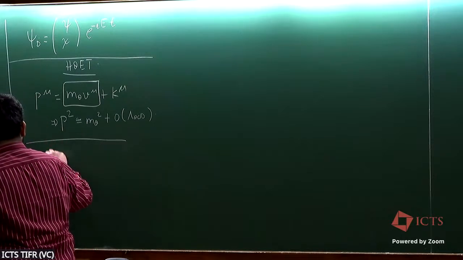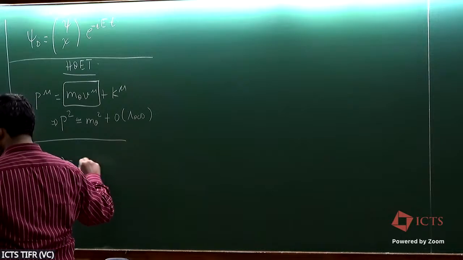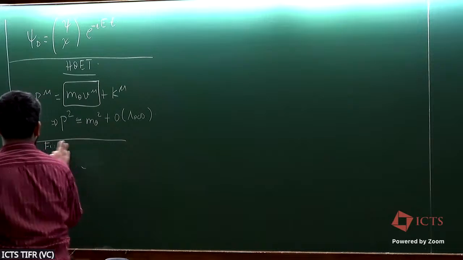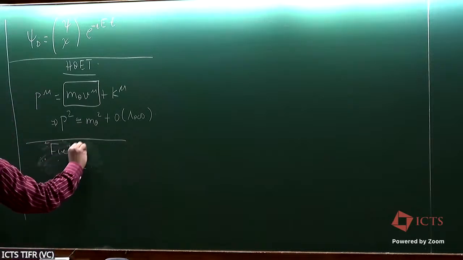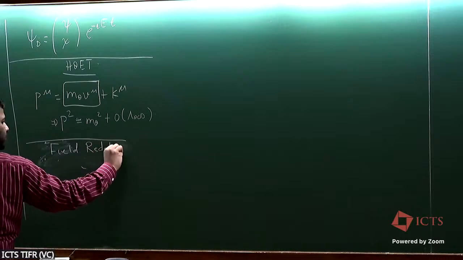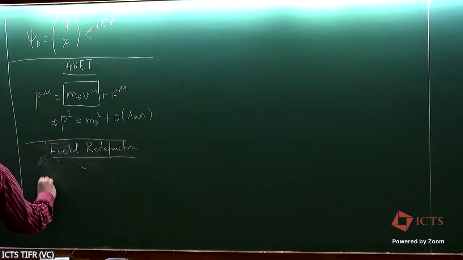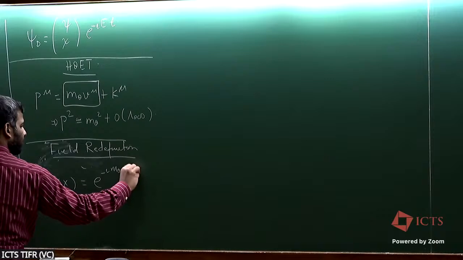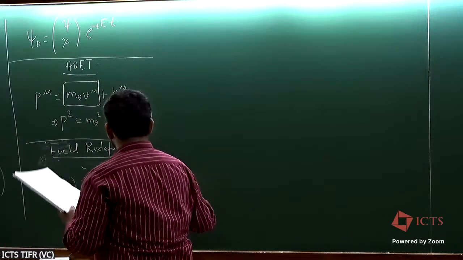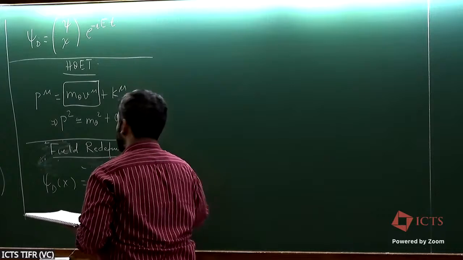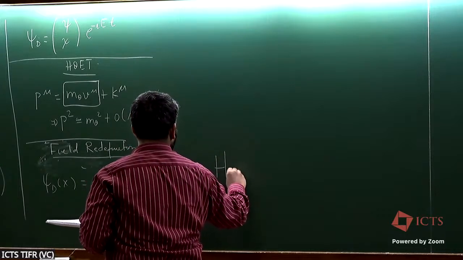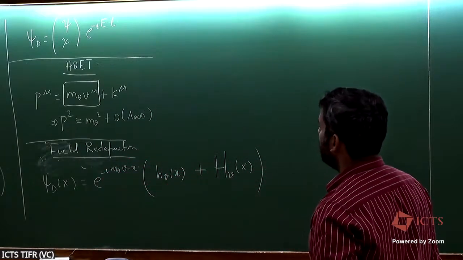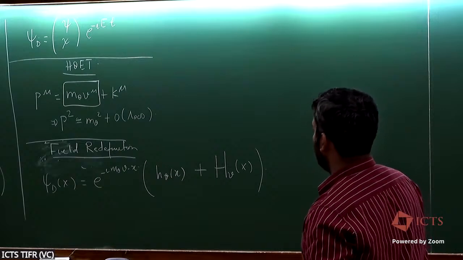So I define my Dirac field psi of x through field redefinition as a part that is h_v of x, this is the one that you have seen, and a part which is capital H_v of x, which will be connected to the fluctuations of the antiparticle in the Dirac field.